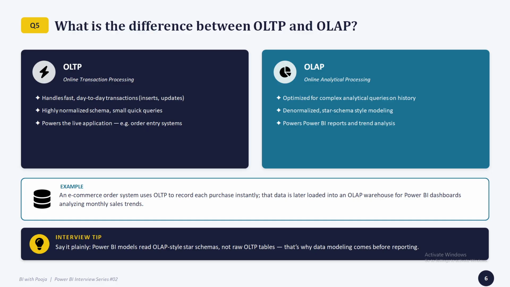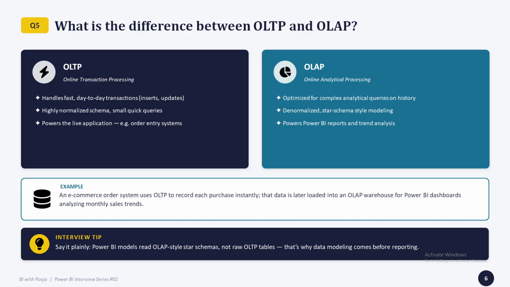We can build a report from the OLAP data. So in simple words, OLTP is used to store and manage transactions, while OLAP is used to analyze the data and to build reports.